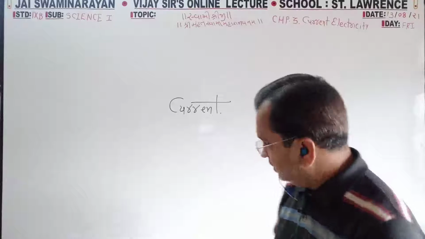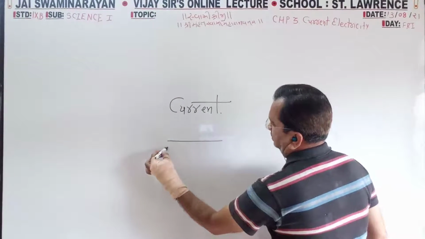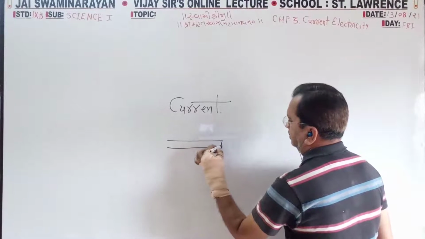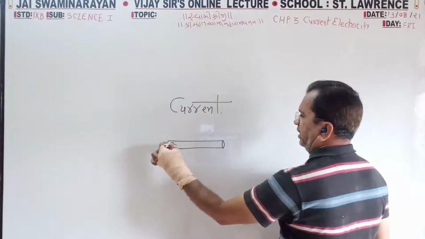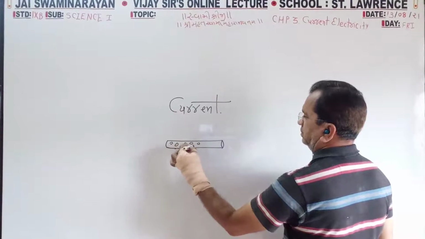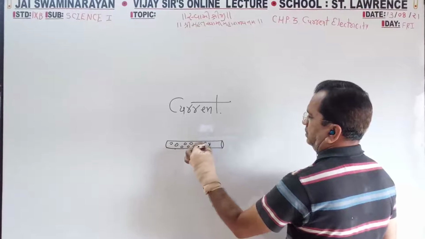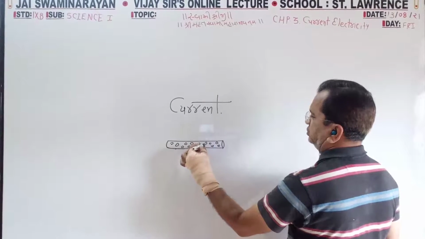Okay, now this is a conducting wire, and as I told, there are free electrons. Electrons are negatively charged.